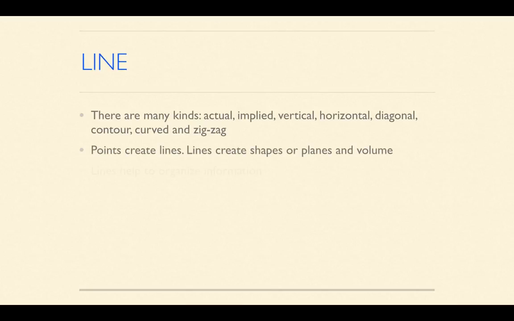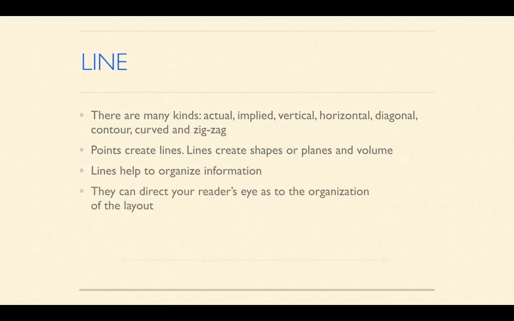Points create lines, lines create shapes or plane and volume. Lines help to organize information. They can direct your reader's eye as to the organization of the layout. And there we go, just my little line.